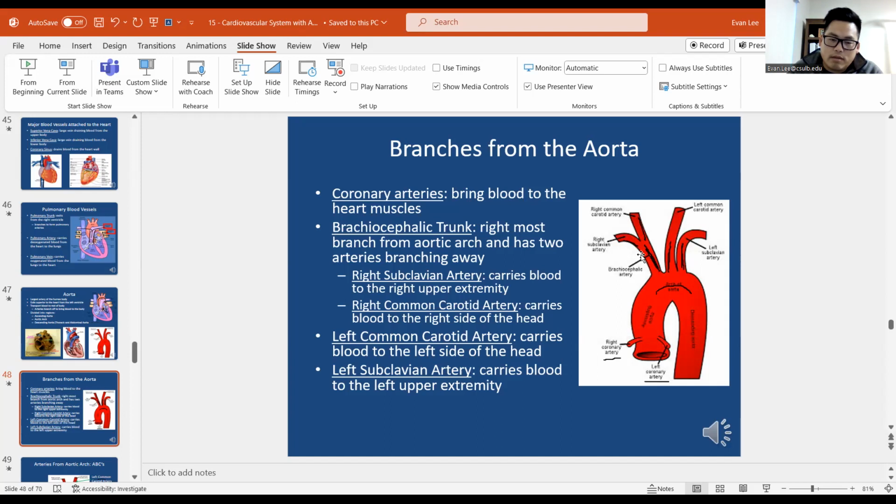Brachiocephalic means arm and head, and this is where you have the blood supply to the arm and head for the right side. The brachiocephalic trunk goes to the right common carotid artery and the right subclavian artery. So you have left and right sides, but notice that you have this brachiocephalic trunk, singular, on the right side.